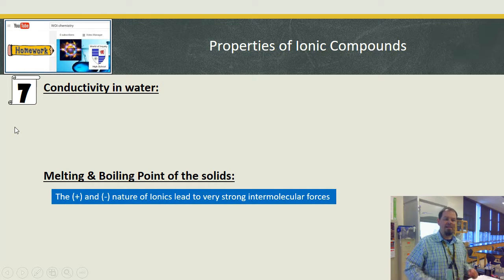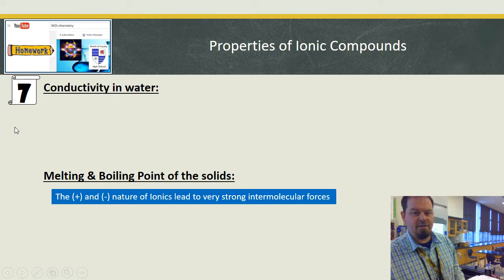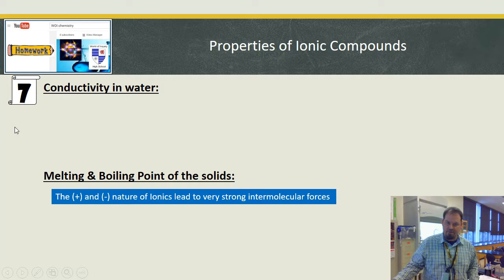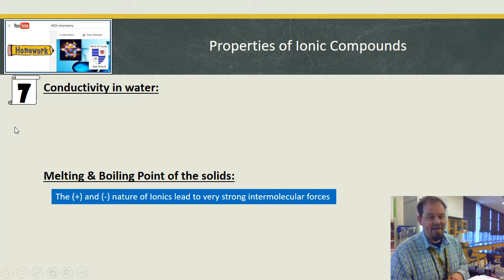Melting point: the positive-negative nature of ionics gives very strong intermolecular forces. Again, foreshadowing to later in the unit. Forces between molecules. So NaCl, and then there's another NaCl. The negative side of this, the Cl, is going to line up with the positive side of the Na, and three-dimensionally, that negative Cl is going to be surrounded on all 6 sides by a positive Na, and vice versa.